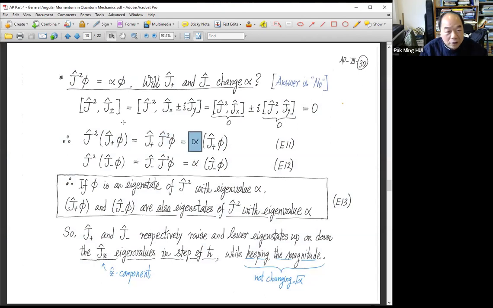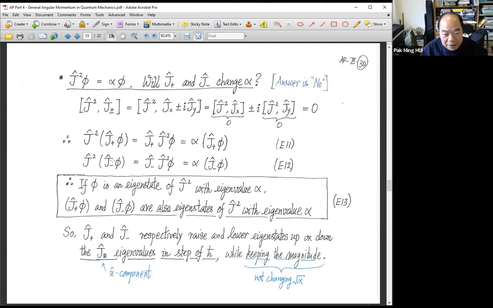Therefore, this new function is an eigenstate of J square with the same eigenvalue alpha. That is to say, J plus will not change the magnitude of J square. It remains in that same J square multiplet, so-called.